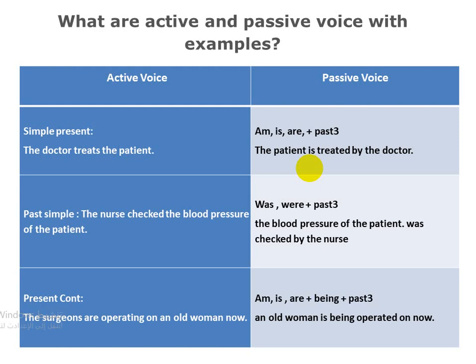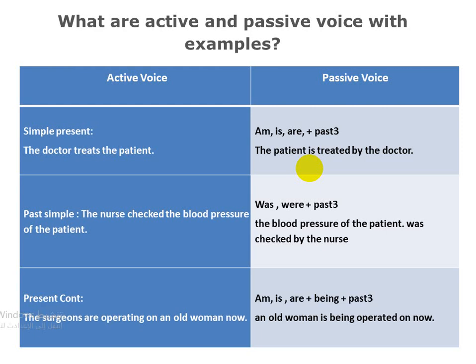المفعول. So, the patient. Look at the patient at the end of the sentence. When we say the patient, we take is or are. Is. Why is? Because it is singular. So the patient is treated.